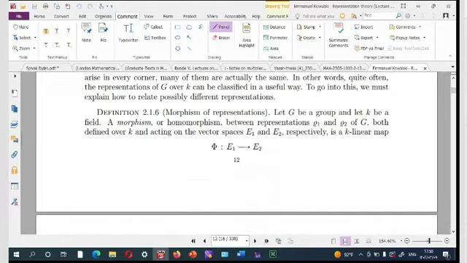Let me repeat this definition again. Let G be a group and K be a field.